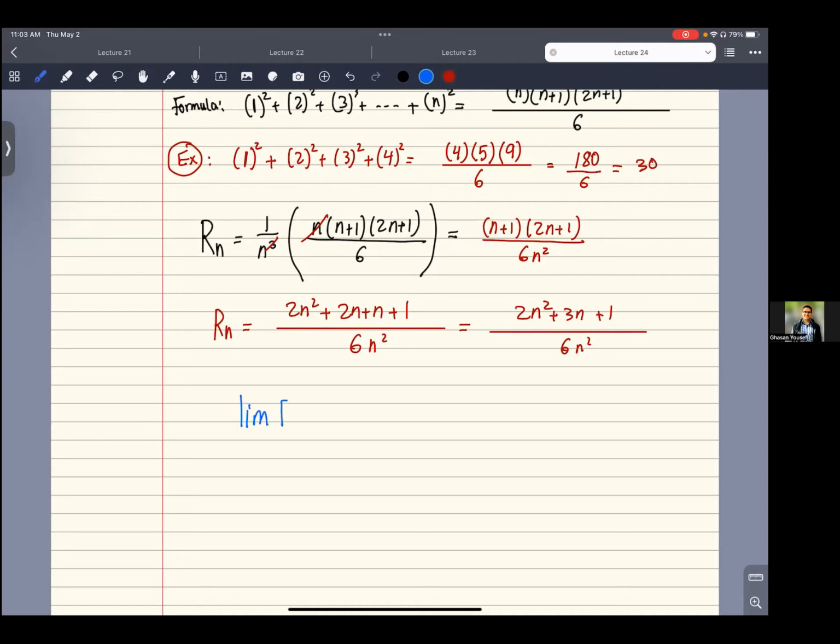The limit of r of n when n goes to infinity is the same as the limit of 2n squared plus 3n plus 1 over 6n squared when n goes to infinity. What is the value of the limit? This is review. What's the value of this limit? It's 2 over 6. Why is it 2 over 6?